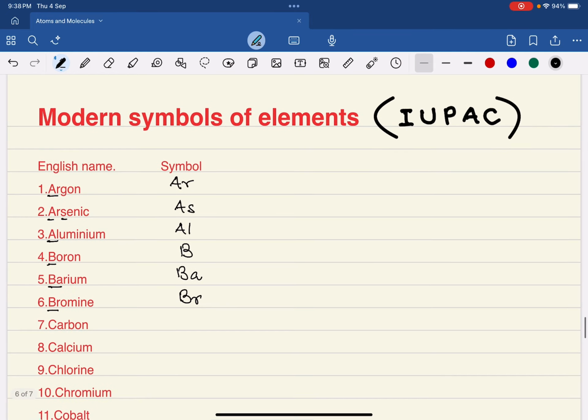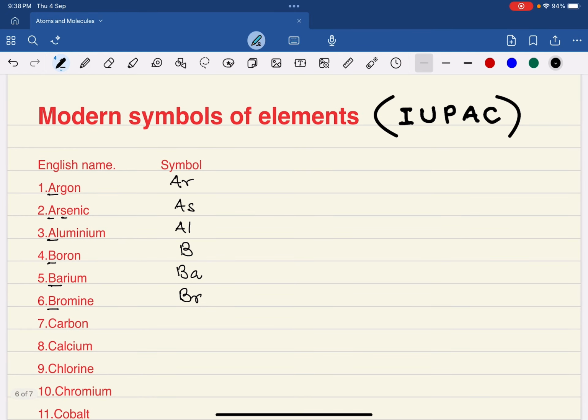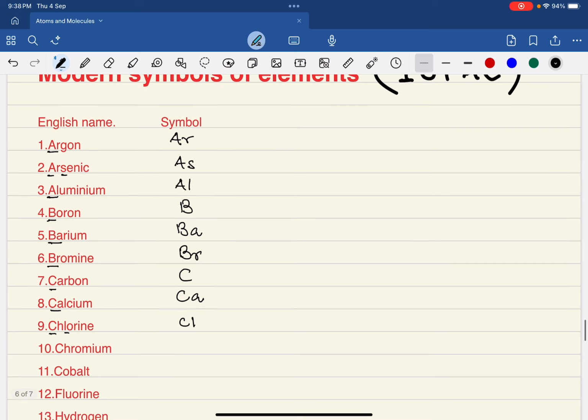In case of carbon, calcium, chlorine and chromium, all start with C. In case of carbon, the first letter C is used. In case of calcium, the first two letters C and A are used. In case of chlorine, the first and third letters are used, Cl.